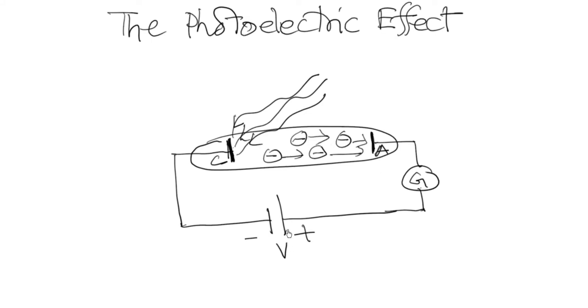You see, we have connected the positive terminal of the battery to this electrode A, and the negative terminal of the battery is connected to this metal surface. So compared to C, A is positive. So when the electrons are emitted from the metal surface, they will be accelerated towards the anode A.